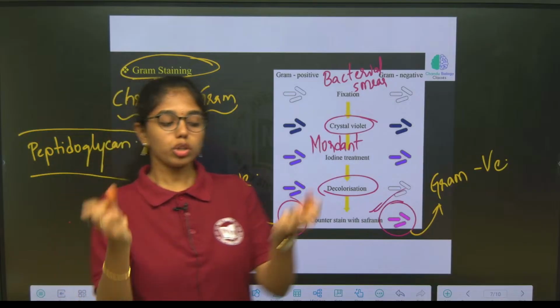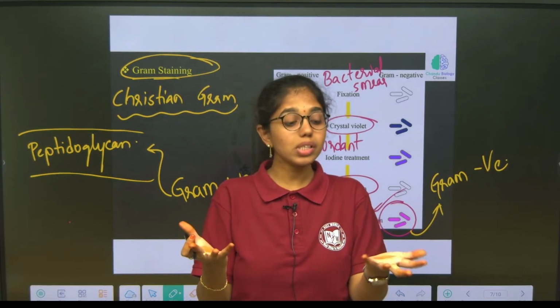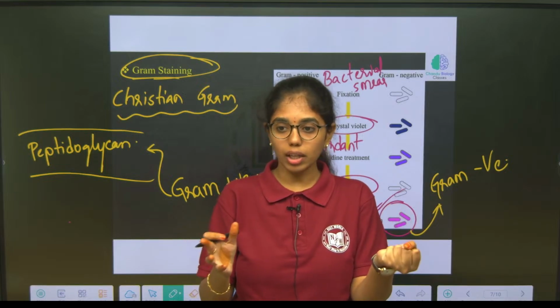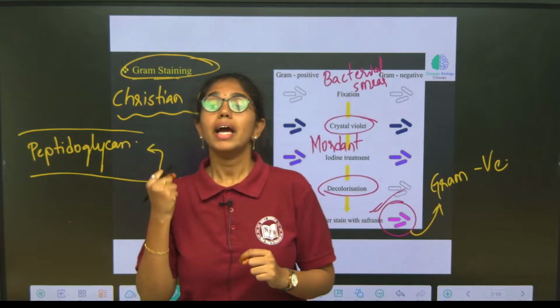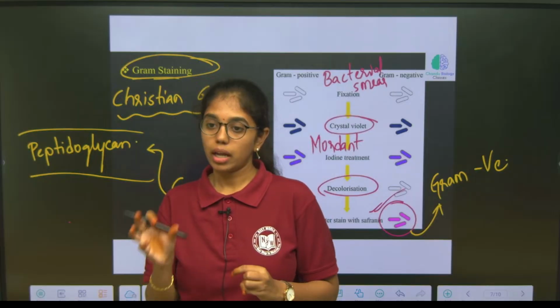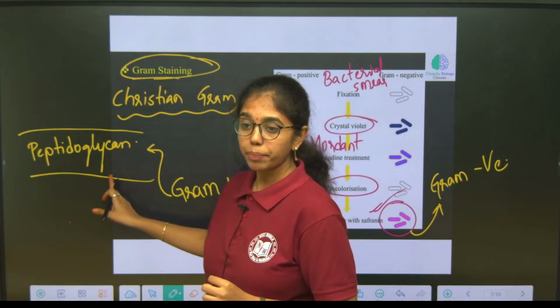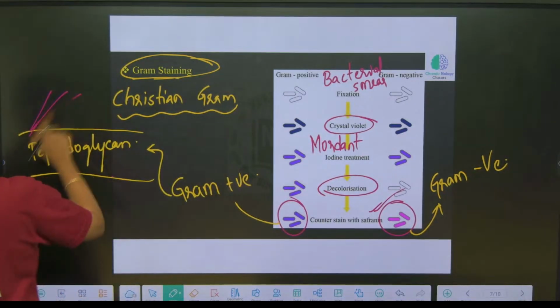Both of them you dip in water and wash out. Whose color is easily gone? Silk cloth color will be easily gone, whereas cotton will absorb the color. It is because of the tight composition of the fibers inside the cotton. Same is the case in the peptidoglycan of gram positive bacteria, it is tightly arranged.